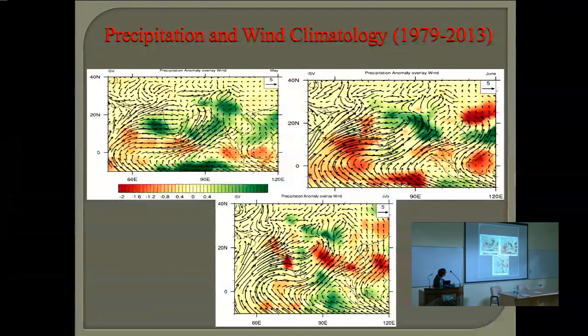You can see positive rainfall anomaly over Southeast Arabian Sea and over Bay of Bengal during May, and it progressed over the Indian subcontinent during June, and these are the fluctuations which we can see in July.